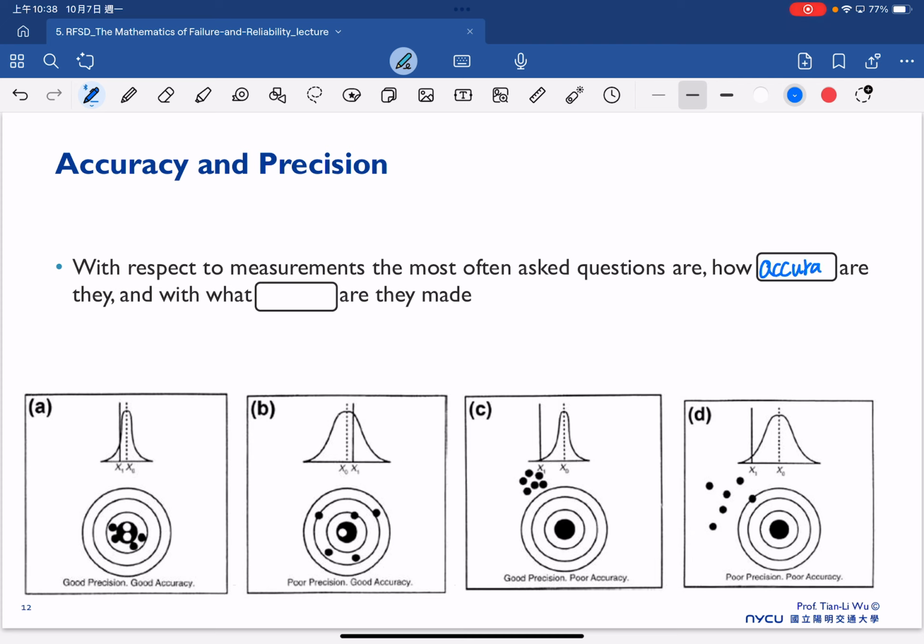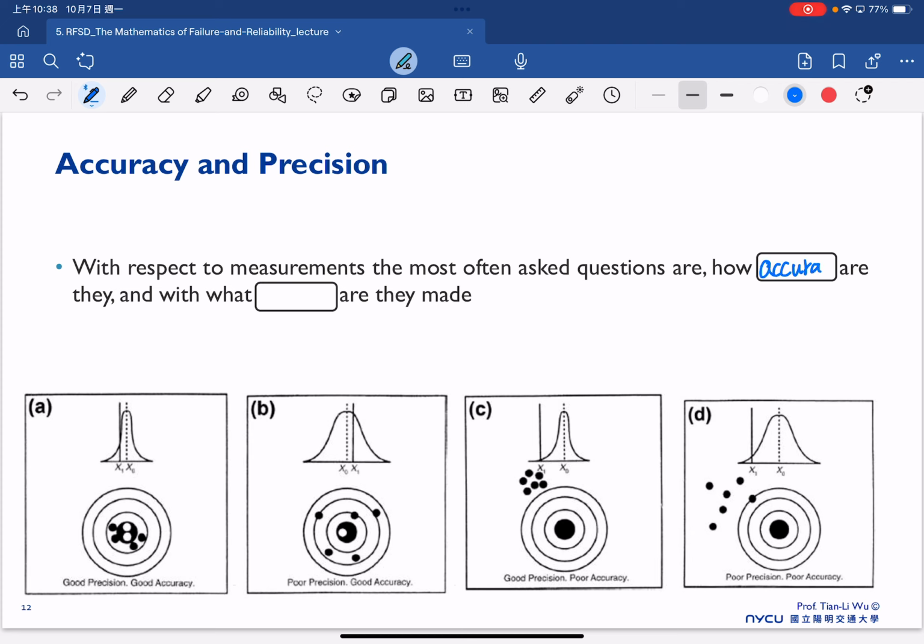So that gives us an indication of the accuracy here. So that's the first case.